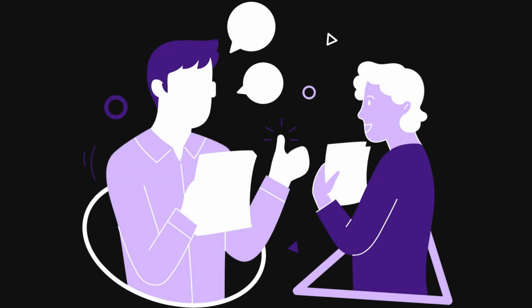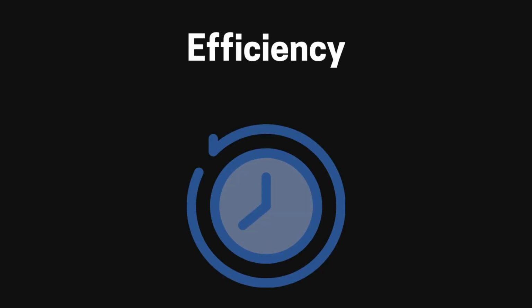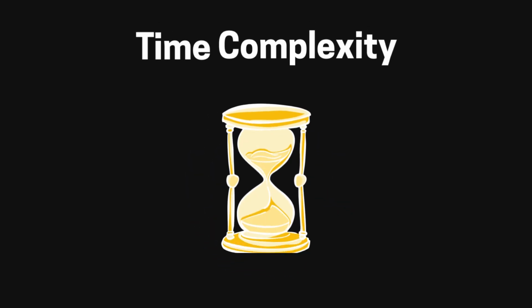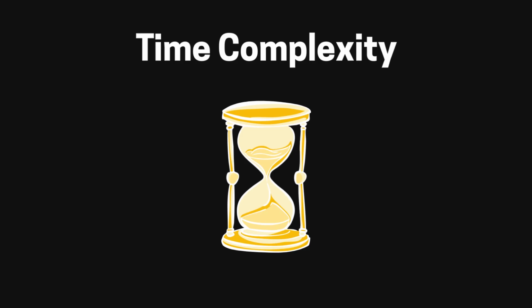This brings us to a critical concept: efficiency. Not all algorithms are equal. Two algorithms can solve the same problem, but take very different amounts of time. This is where time complexity comes in. Time complexity measures how the running time of an algorithm grows as the input size increases.